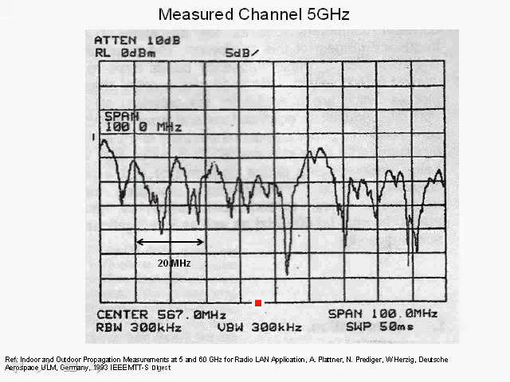On the x-axis we have frequency, and this is at 5 gigahertz, and the span is 100 megahertz during the measurement, and I'm showing actually the space here is 20 megahertz. So this would be occupied for an 802.11a channel, for example, which has a bandwidth of 20 megahertz.